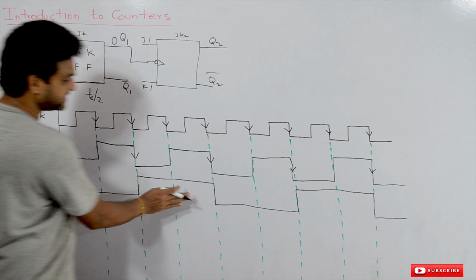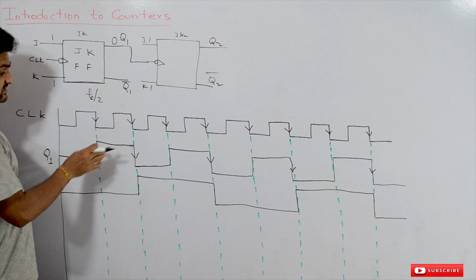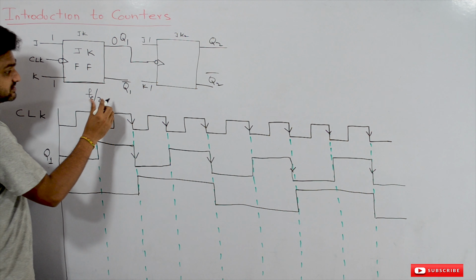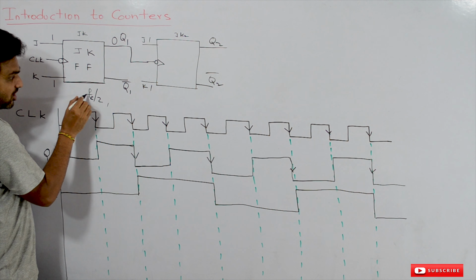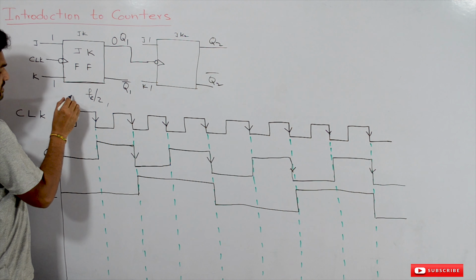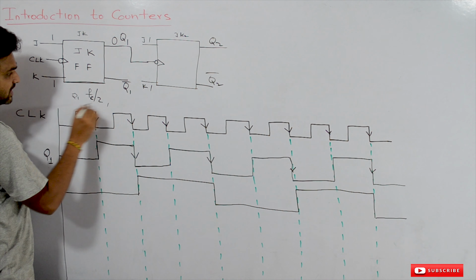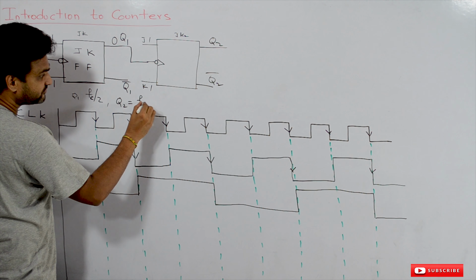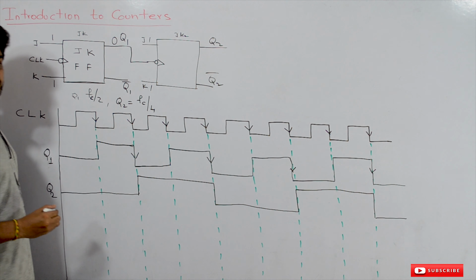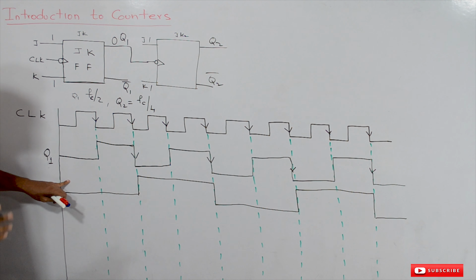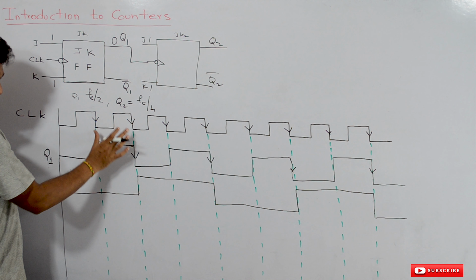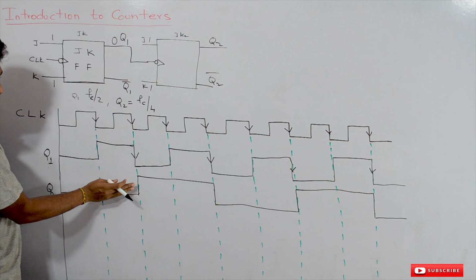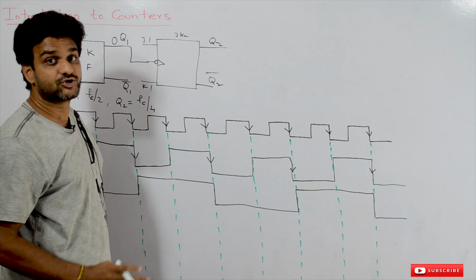If you check clearly, this is going to divide the frequency. Compared to the output at Q1, the waveform of Q2 has a frequency of the clock divided by 4. Again, the frequency of the clock has been divided by 4. That is going to be the output at Q2.